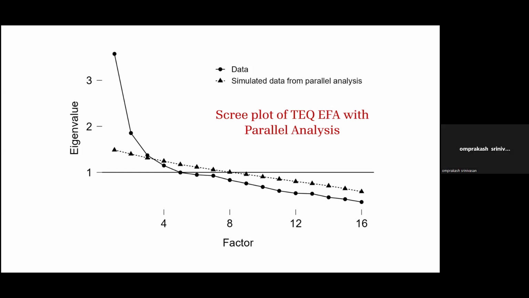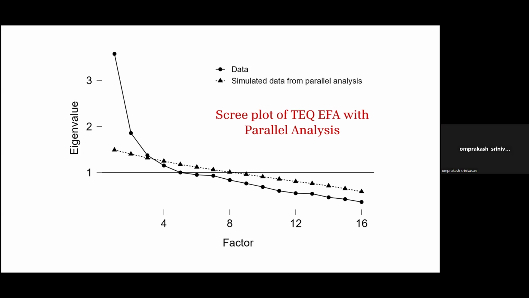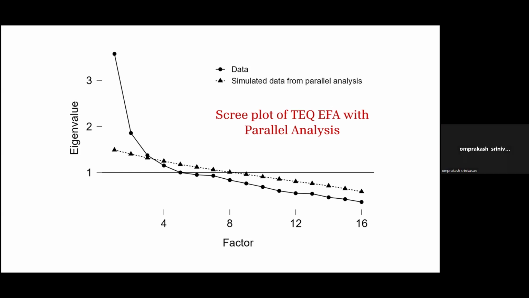That's what the eigenvalue is all about. We talk more about the latent variation: how much that factor structure is explaining, how much that latent variable is affecting the change in that factor after having all these items. We will see that in the analysis.